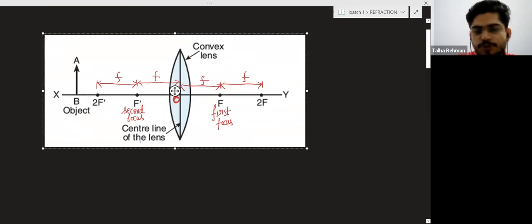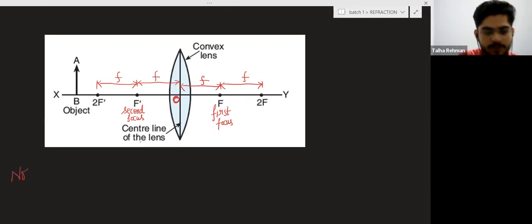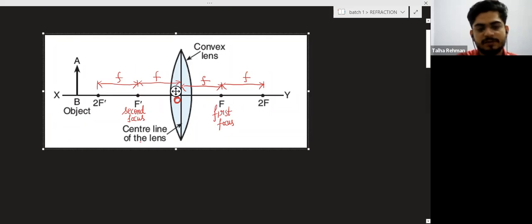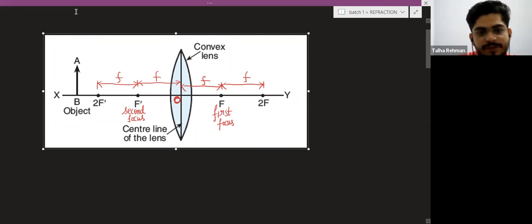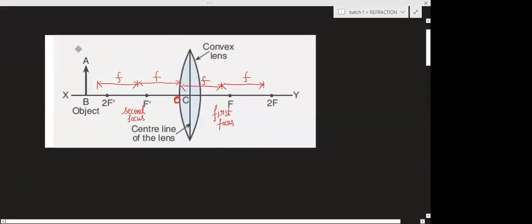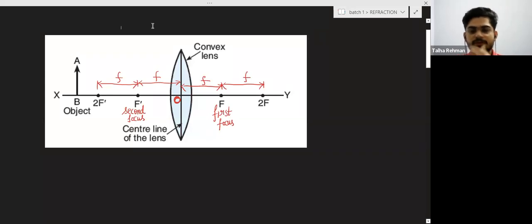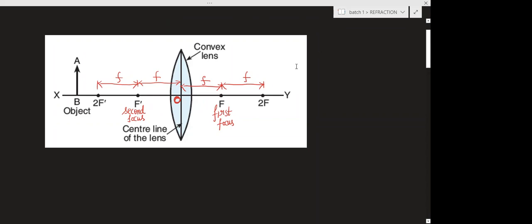And one thing also you should know about the image formation. No need to write with a red color. Is there anyone who is not comfortable with red color? No, sir. I think on that day there was some student. Okay, no problem. Sarah, you have a problem with red color? Only on the black color. I couldn't see it.